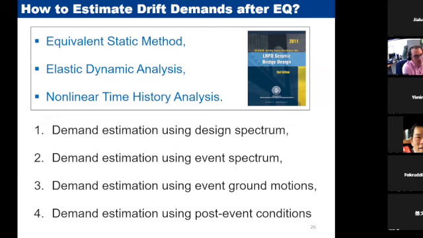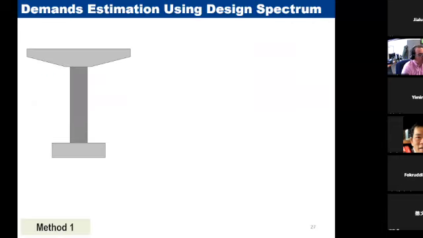The third is to perform a linear or nonlinear dynamic analysis using the event ground motion. And the fourth one, which is the focus of this study, is to relate the damage that you see to the displacement using statistical analysis. So that's what we did. I'll go over each of these four quickly, then we focus more on the last one.